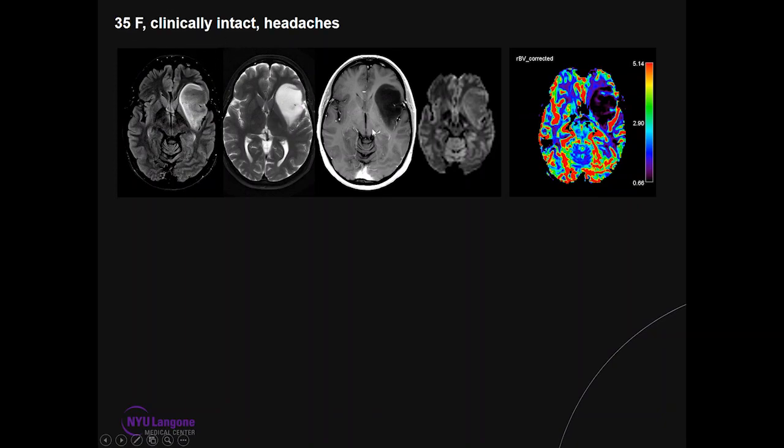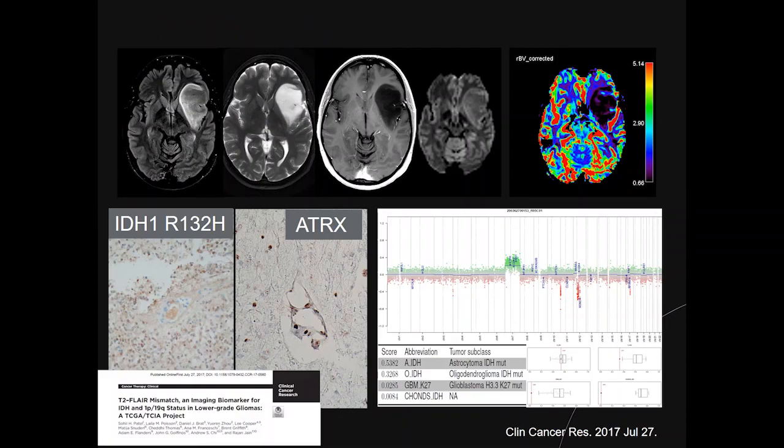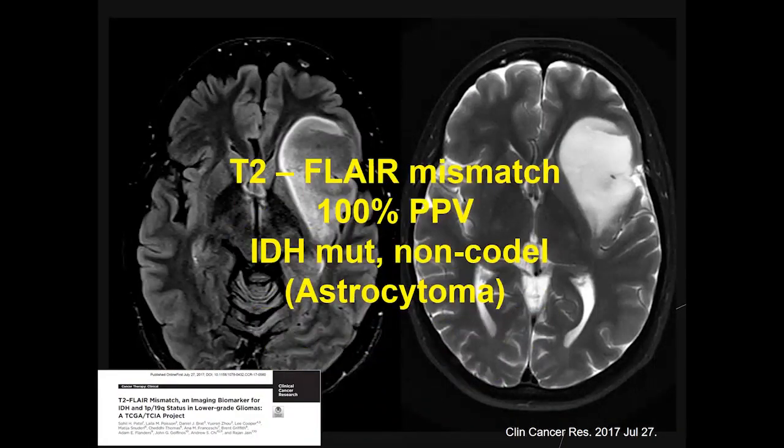These are very homogeneously bright on T2 and dark. The majority of the tumor is, in fact, hypointense or dark signal on the FLAIR images, except the peripheral rim over here, non-enhancing tumors, very low blood volume. But more importantly, what we realized is that the majority of these turned out to be IDH mutated and 1p19q non-co-deleted. So these are your molecular astrocytomas.